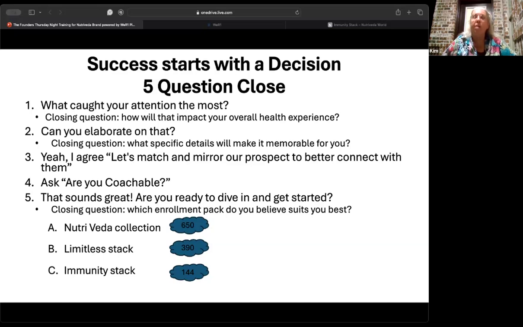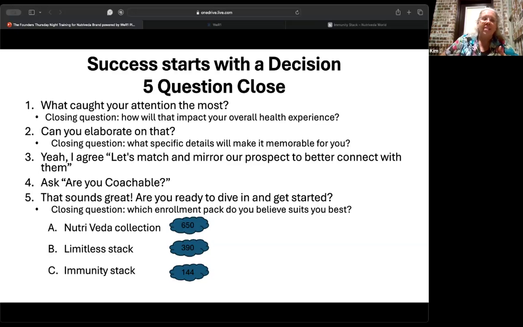But if they're looking for extra income, now we have a conversation about how they can earn extra income by sharing the products, because this is the only platform I've ever come across that does not require you to have a monthly quota. But they have an incentive that Dr. Jana shared with you, that you can get the products on auto renewal at a steeper discount, which is incredible.